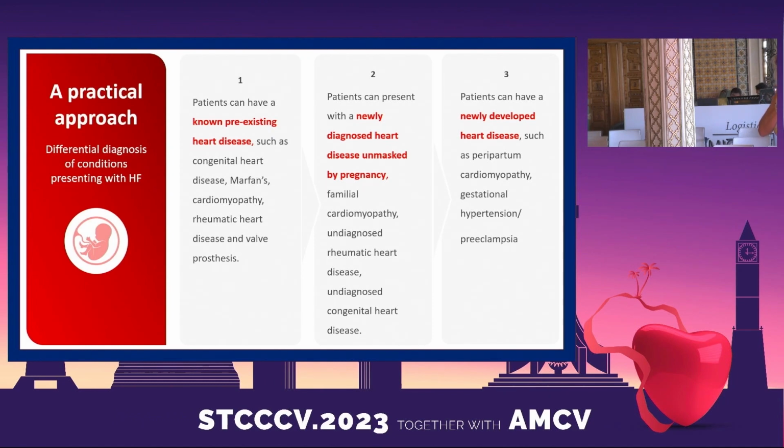They can have a familial cardiomyopathy. Where I work, we commonly see undiagnosed rheumatic heart disease, where they present for the first time in pregnancy, or undiagnosed congenital heart disease. Then patients can have a newly developed heart disease such as peripartum cardiomyopathy, gestational hypertension, preeclampsia, which can also lead to diastolic heart failure.